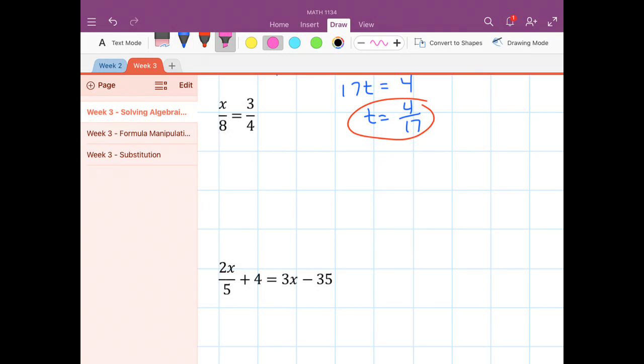Okay, this one looks different, but it really has the same principles. This x is being divided by an 8. So to get rid of a divide by 8, I'm going to multiply by 8. Okay, so I end up with 8, and I'm going to put a little dot as our times because I don't want the times and the x to get confused.